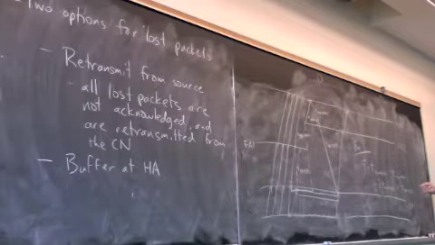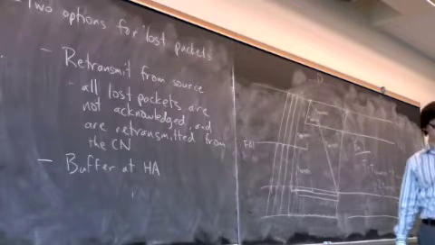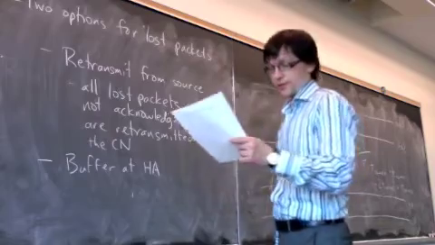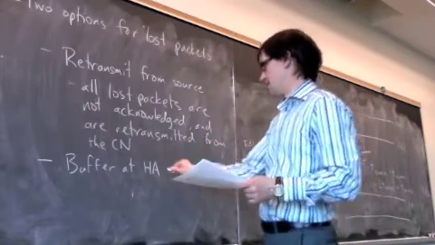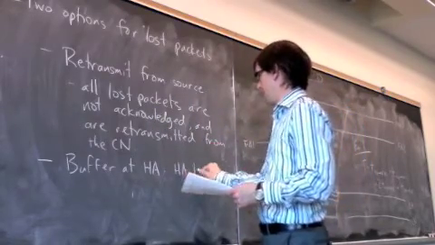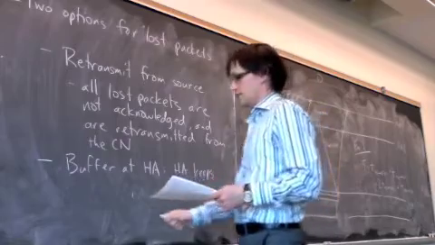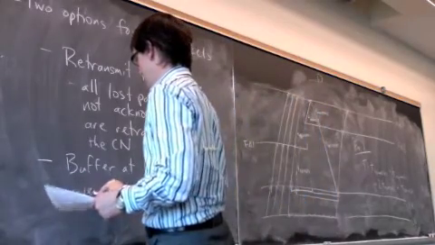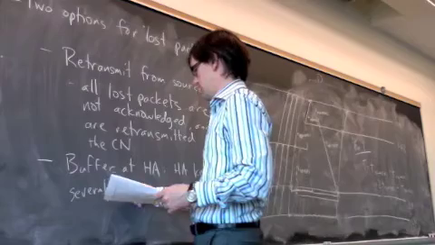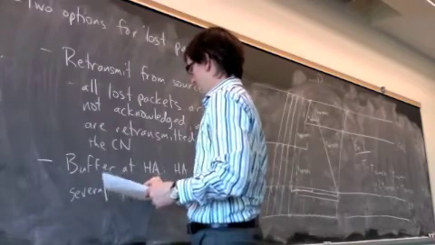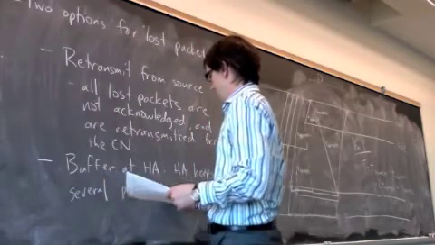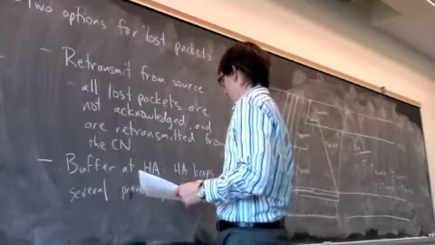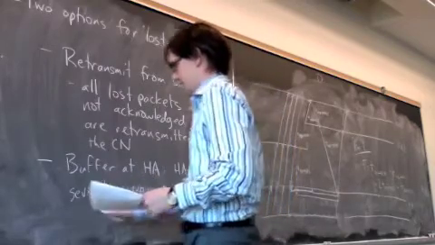But for now, the only thing we have to worry about is acknowledgement. Okay, buffer at the home agent. The home agent keeps several previous packets and retransmits as necessary.